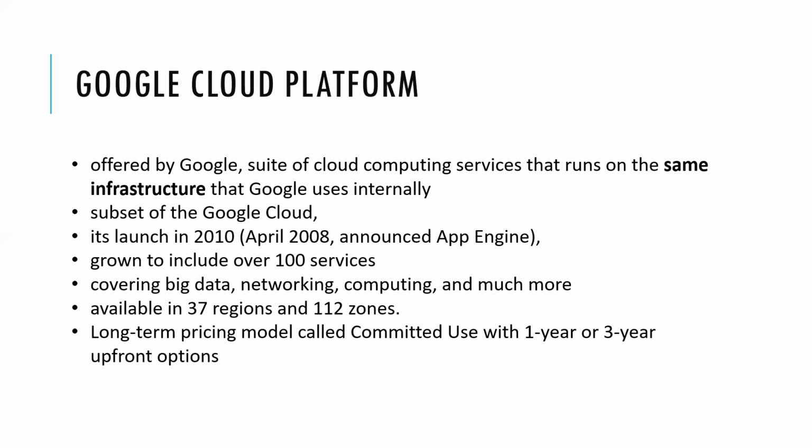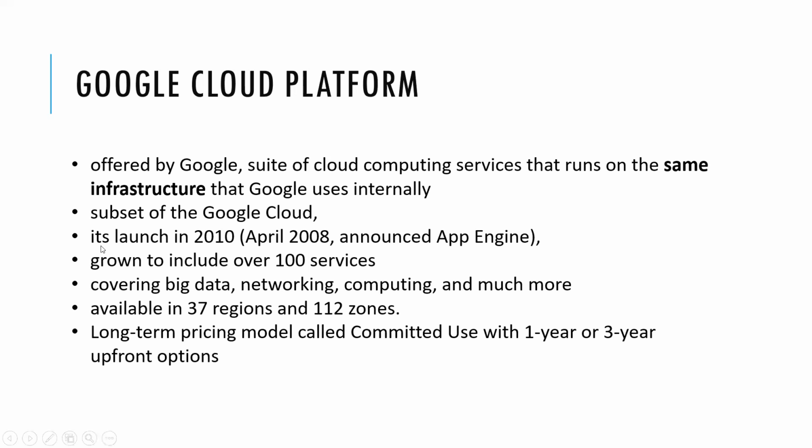It's a subset of Google Cloud, and it was launched in 2010 as individual services. But by 13, we had this complete service platform together, with a few services like App Engine, Compute Engine, as well as part of storage in it.